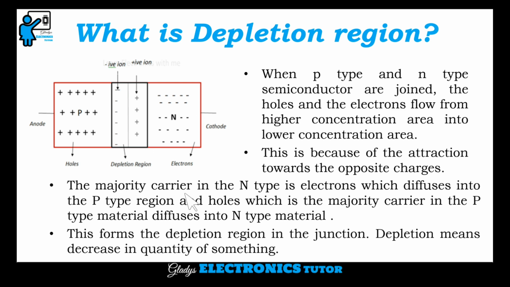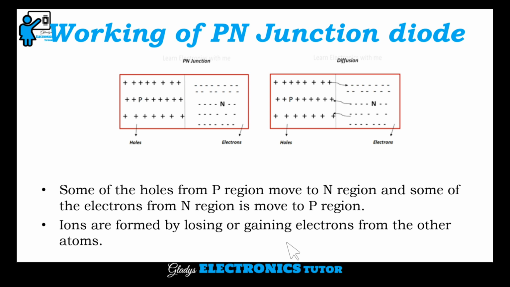The majority carrier in the N-type is electrons, which diffuses into the P-type region, and the holes, which are the majority carrier in the P-type material, diffuse into the N-type material. This forms the depletion region in the junction. Depletion means decrease in quantity of something.